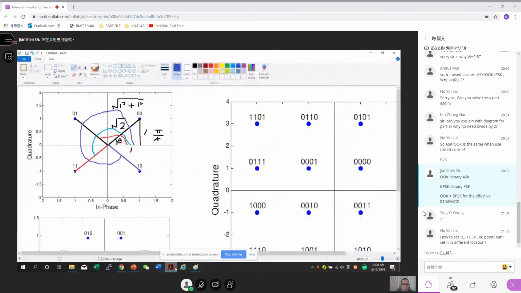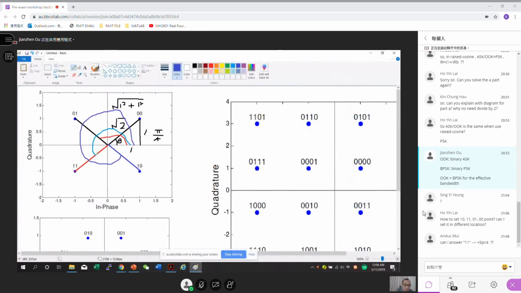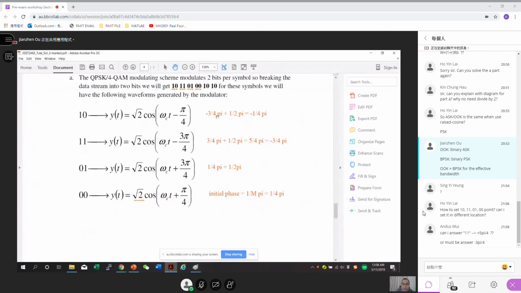Or you can use this angle we already calculated just now, from here to here is a right angle. So that's minus 3 pi over 4 plus pi over 2, which is a right angle, equal to minus pi over 4. So this is where the angles are calculated from.